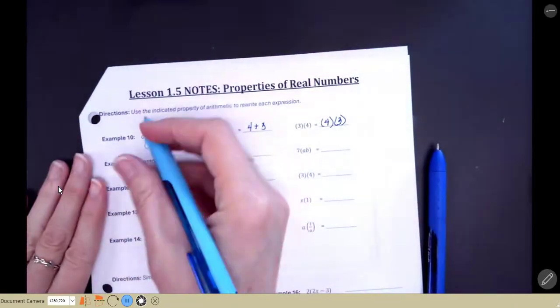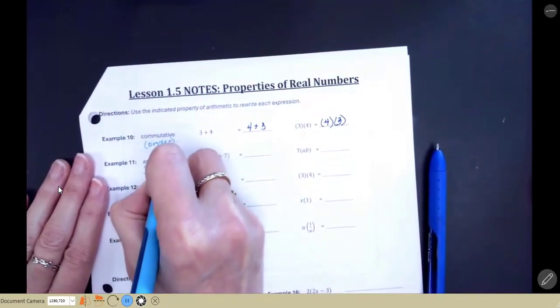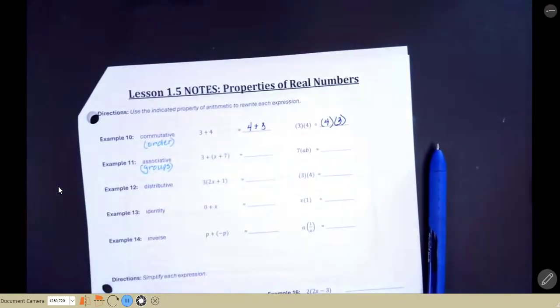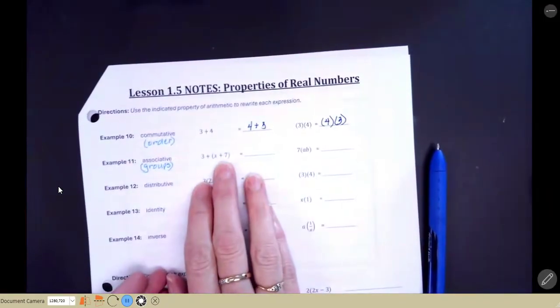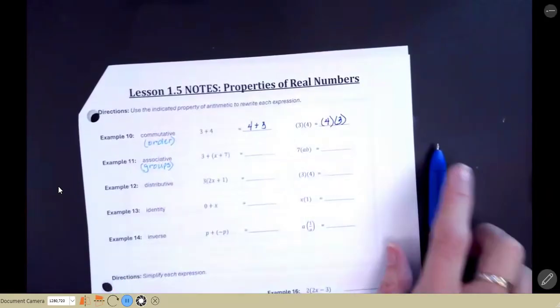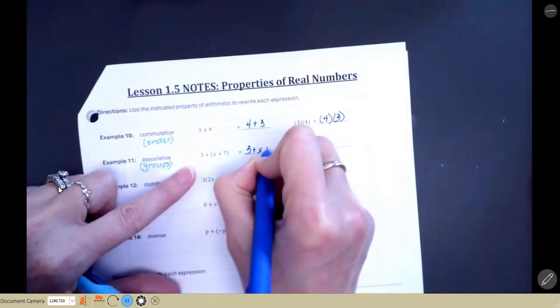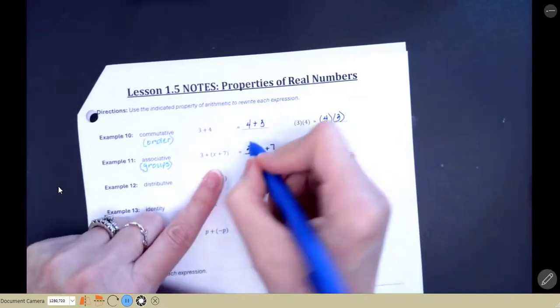Associative property is groupings or groups. So in this one, we've grouped x plus 7. Now don't change the order because that would be commutative. So we write it as 3 plus x plus 7, but we change the groupings to 3 plus x.